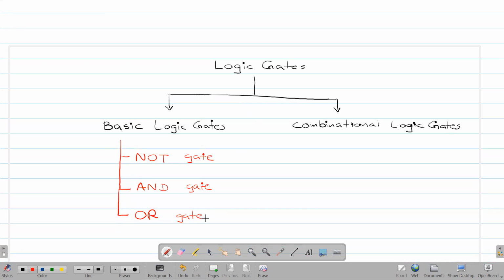In terms of symbols, we can indicate the NOT gate like this: a triangle and a small circle, and these lines are there.